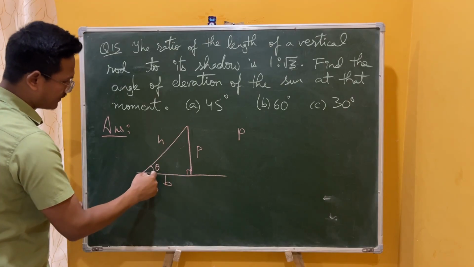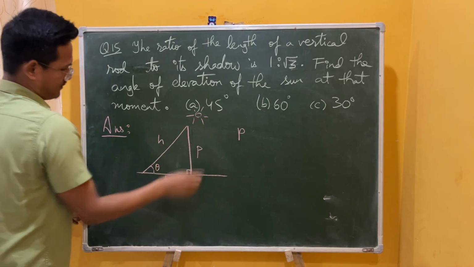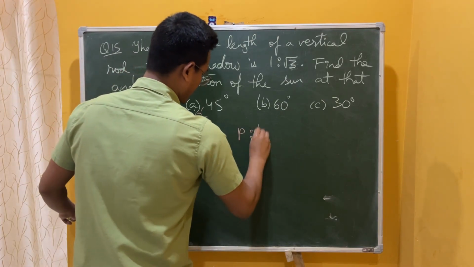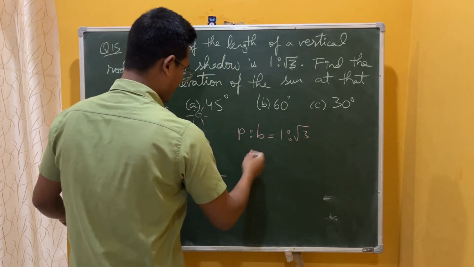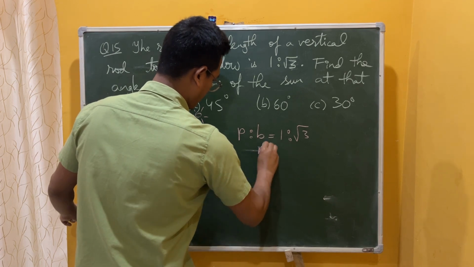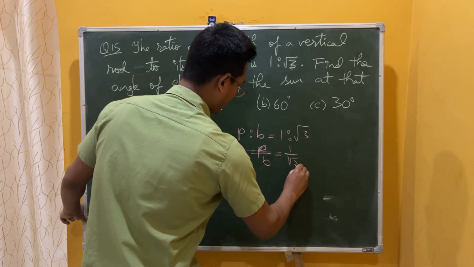This is the shadow, right? If the sun is somewhere here, this is your shadow, this breadth is 1 is to root 3. So this can be written as P by B equals 1 upon root 3, right?